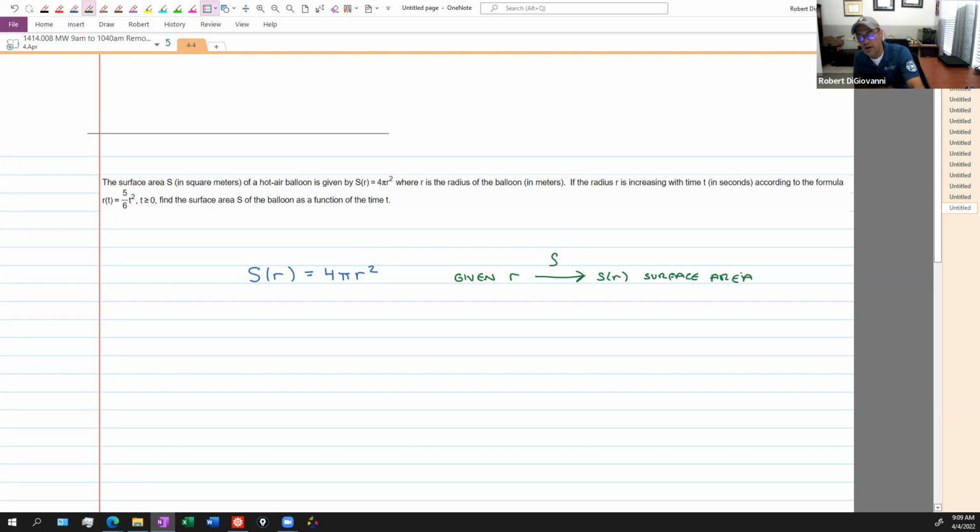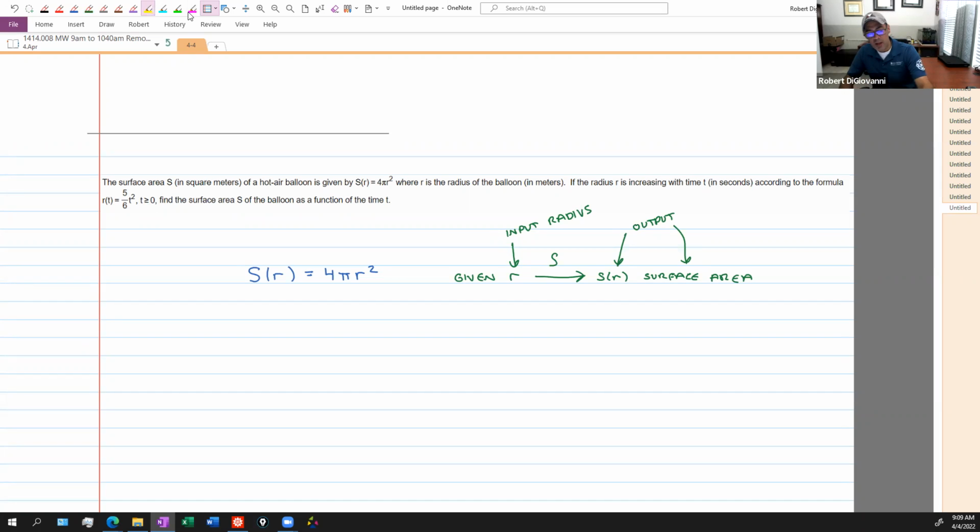So it's a function, right? The input is the radius of the balloon. The output is going to be your surface area, right? So in order to determine surface area with that formula, I need the radius.